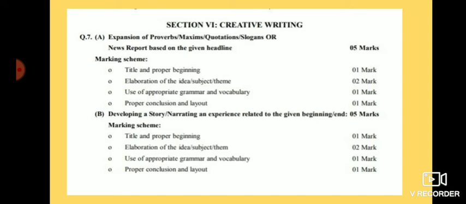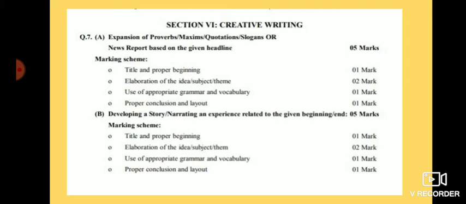One quotation will be given and you have to expand it using your thoughts. Or slogans will be given and you have to expand your thoughts regarding that slogan, or you can choose a news report where a headline will be given and you have to write a news report.